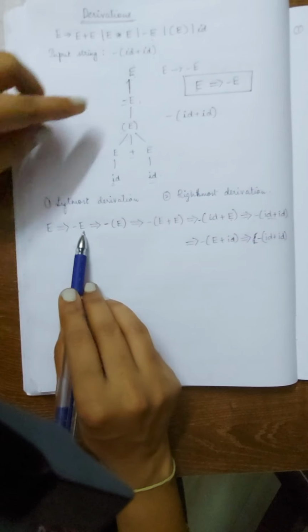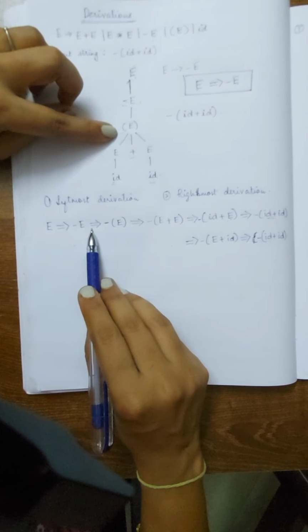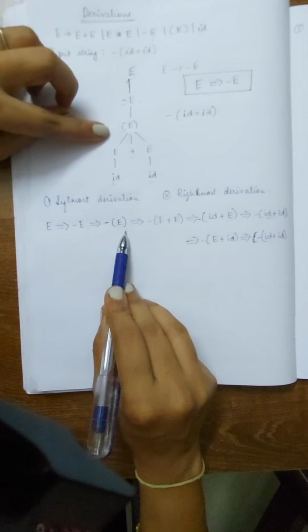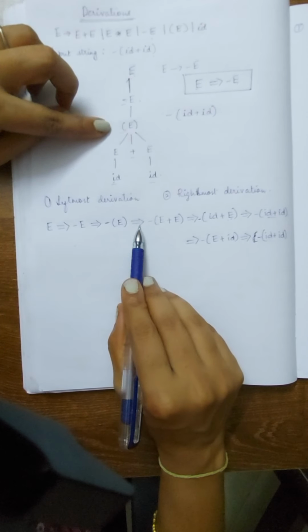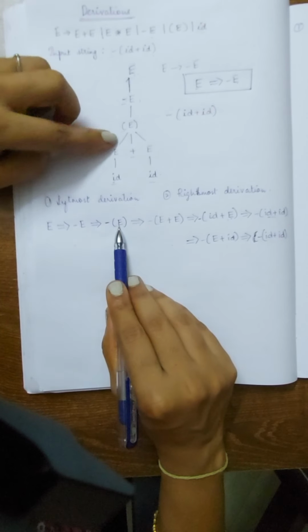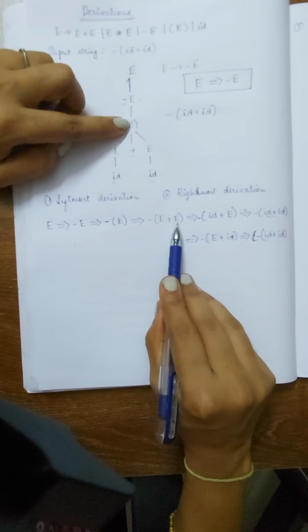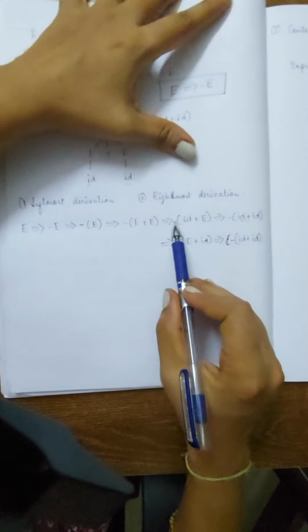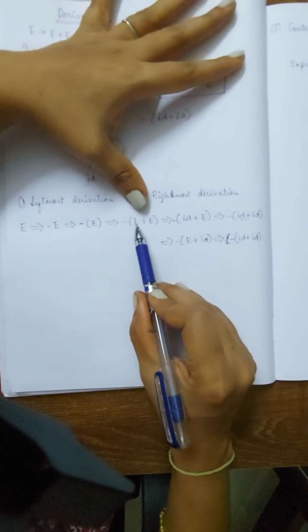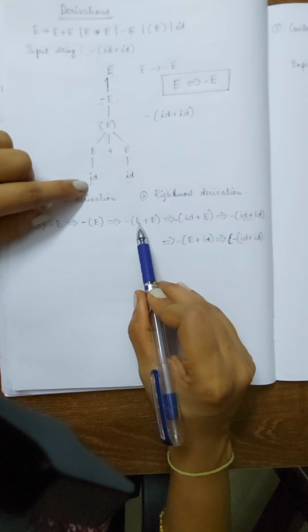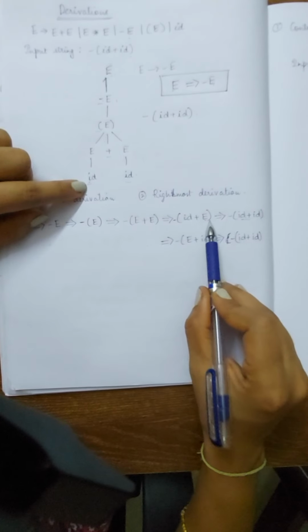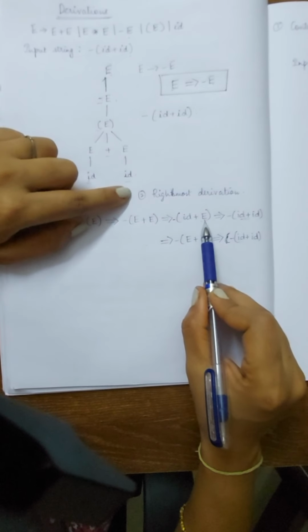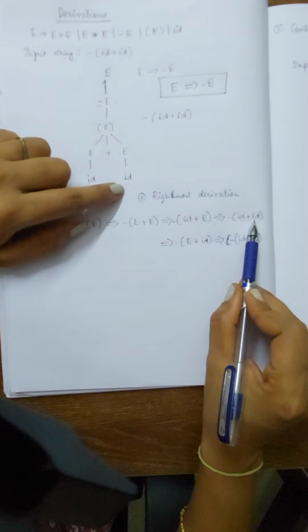To get this parse tree, we can write the derivation in this way. E derives minus E, which in turn derives E in the parenthesis, where E can be replaced by E plus E. Concentrate over here, this can also be written as E replaced by ID plus E. After that the next E is replaced by another ID.